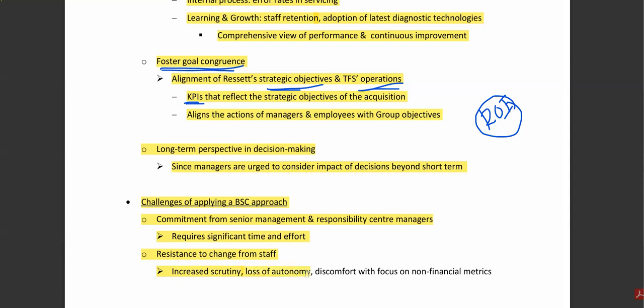They might develop some discomfort with a focus on non-financial metrics, because no one likes to be subject to a number of KPIs. And definitely, if the staff resist or do not cooperate, then of course this performance measurement framework would not yield the results that you expect it to yield. So that is with regard to staff and the behavior implications.